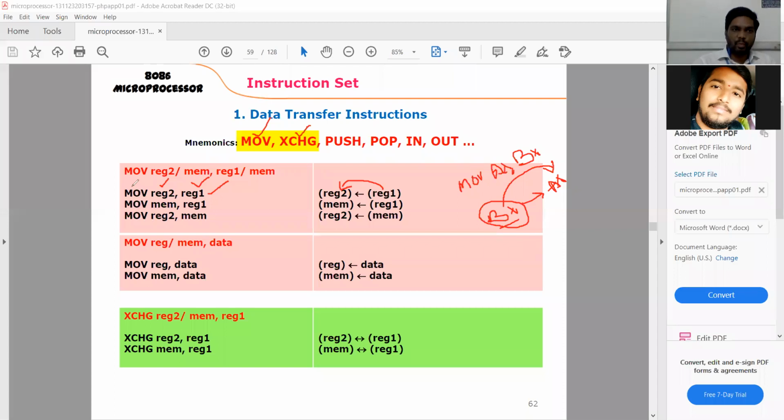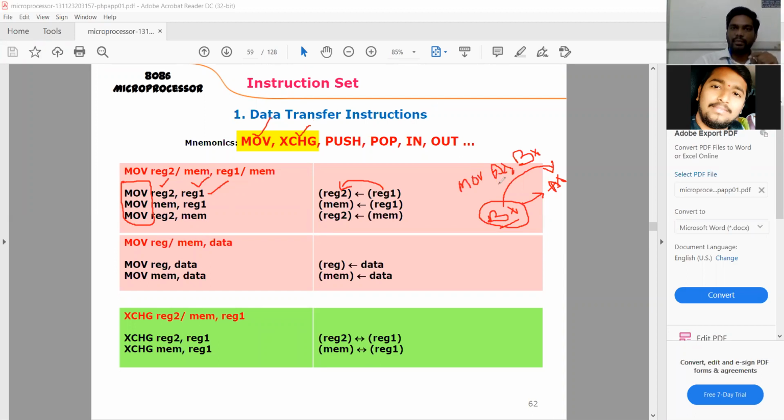When we are using move, we are just copying the data from the source operand to the destination operand. That doesn't mean that the source operand is empty. Only modification will take place in the destination operand.